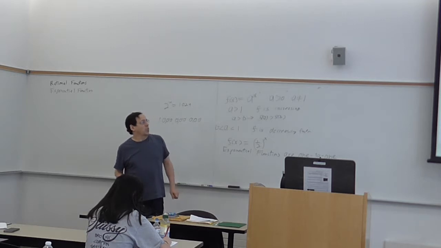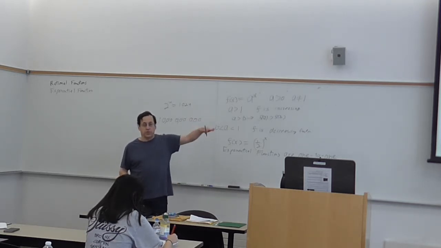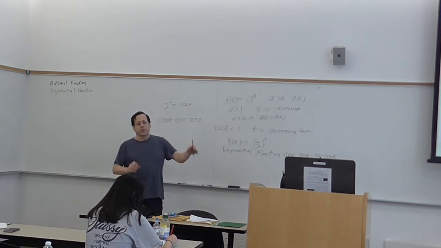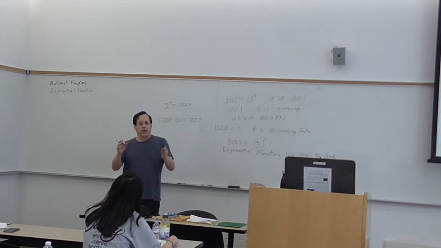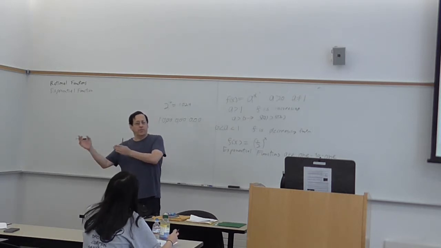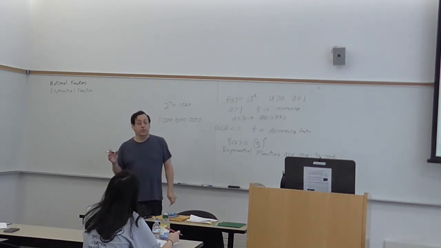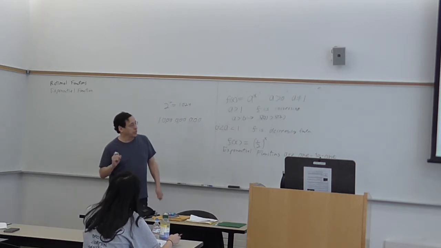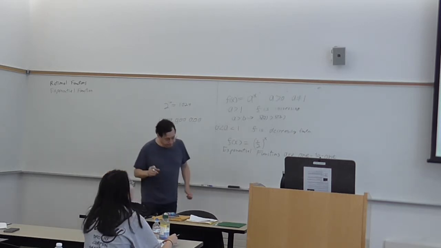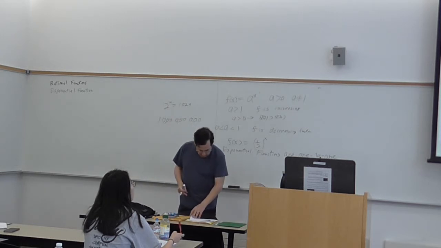No. A 1-to-1 function doesn't have to be exponential. Exponential functions are 1-to-1. But if you have a 1-to-1 function, you can have an inverse. Remember? And these will have an inverse when we get to it on Friday. Okay.